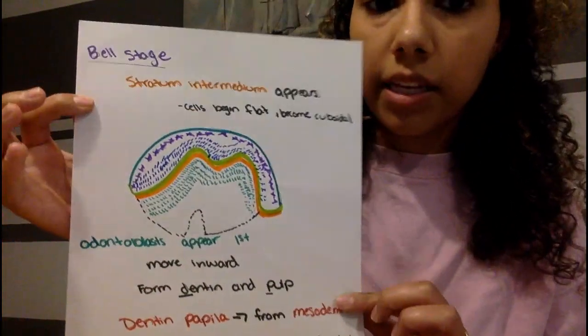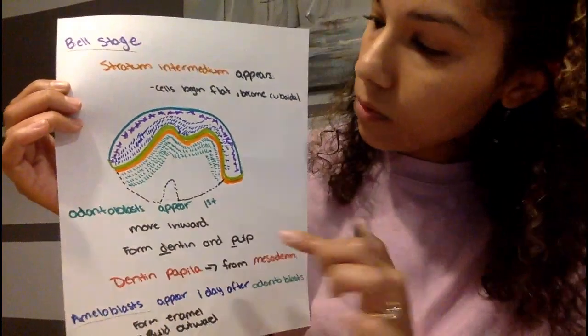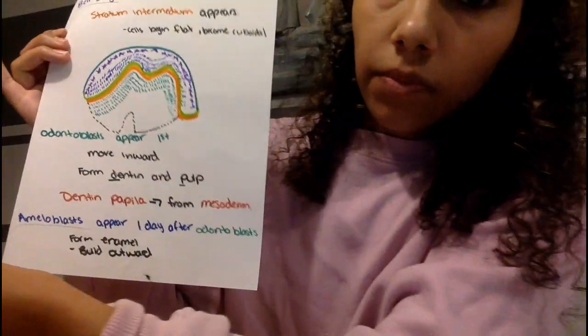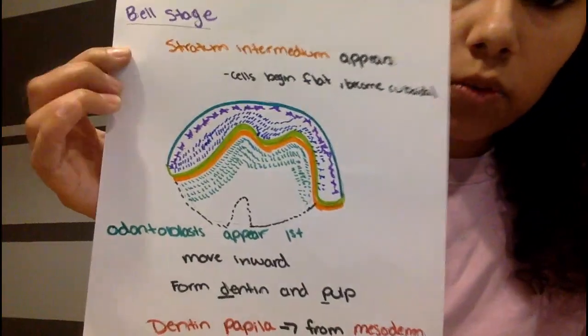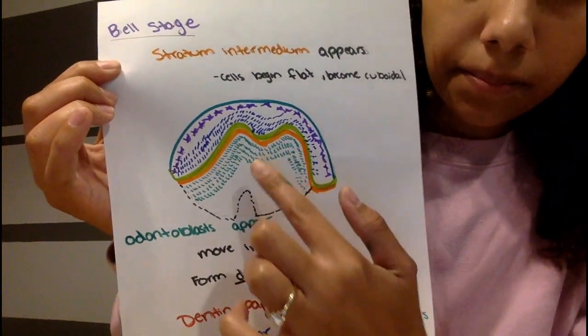So we went from a little bud into that cap shape because the tooth is growing, and then we keep forming into the bell stage. We get to the bell stage when the stratum intermedium appears. I have the same colors in my picture as in the cap stage, and I added this orange line to be our stratum intermedium.